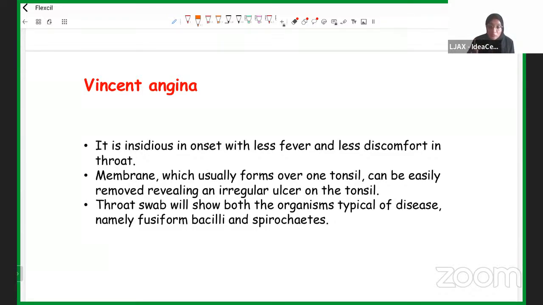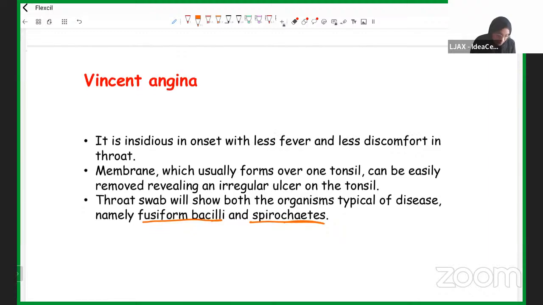A throat swab will show both the organisms of the typical disease, namely fusiform bacilli and spirochetes. So if you do a swab test on the patient, you will see these two bacteria, fusiform bacilli and spirochetes. Vincent's angina is totally related to the tonsil.